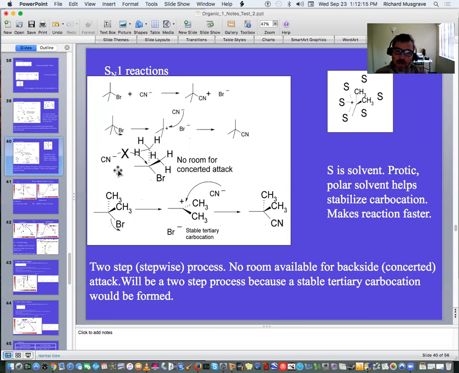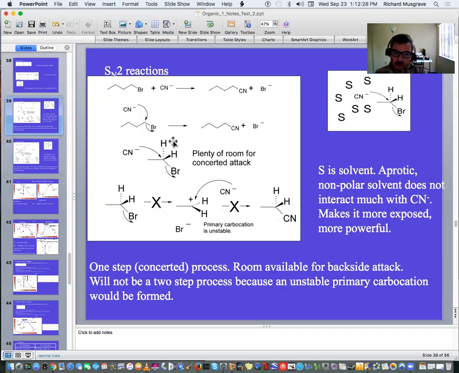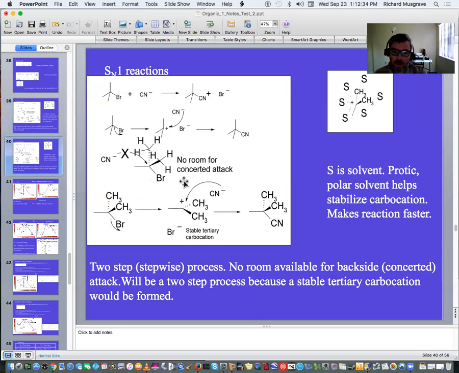So this can't happen as an SN2 because there's not enough room for the CN- to come in and attack that Br, because the methyl groups here are just too bulky. In the previous example, these hydrogens are a lot smaller, so the CN- can sneak in and kick that out at the same time, whereas the CN- can't do that here. But what it does do is form this carbocation that's tertiary, and the tertiary ones are stable.